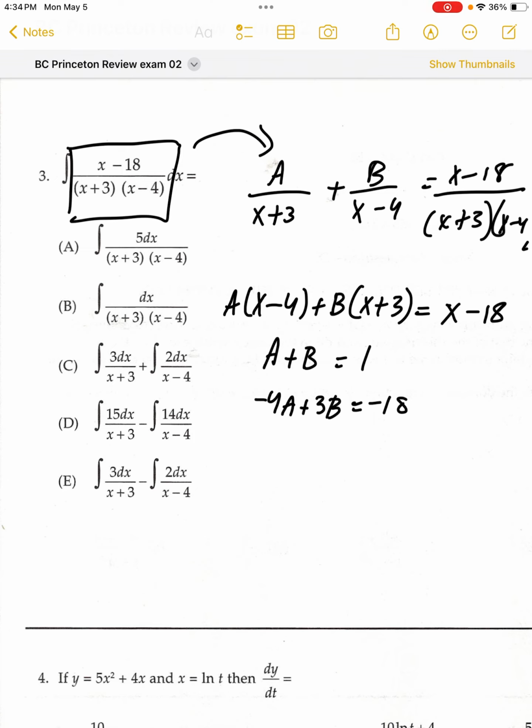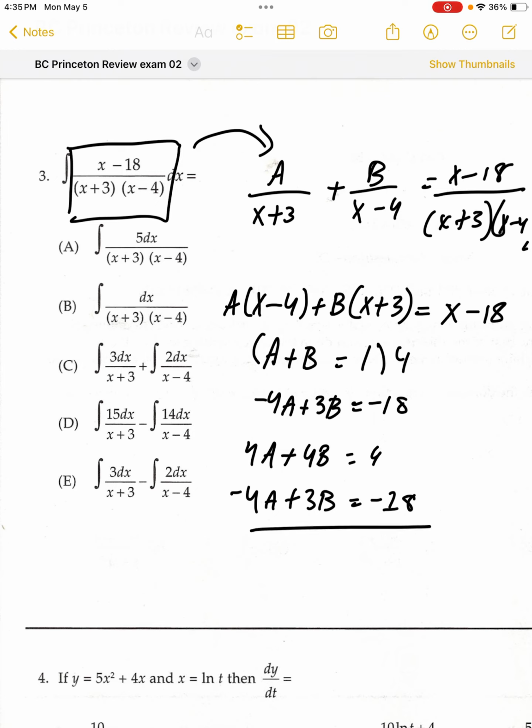So I'm going to multiply this equation by 4, which gives 4a plus 4b equals 4, and negative 4a plus 3b is equal to negative 18. That'll give us, when we add it up, 7b, right, if I'm not mistaken, equals negative 14. That means b is negative 2.